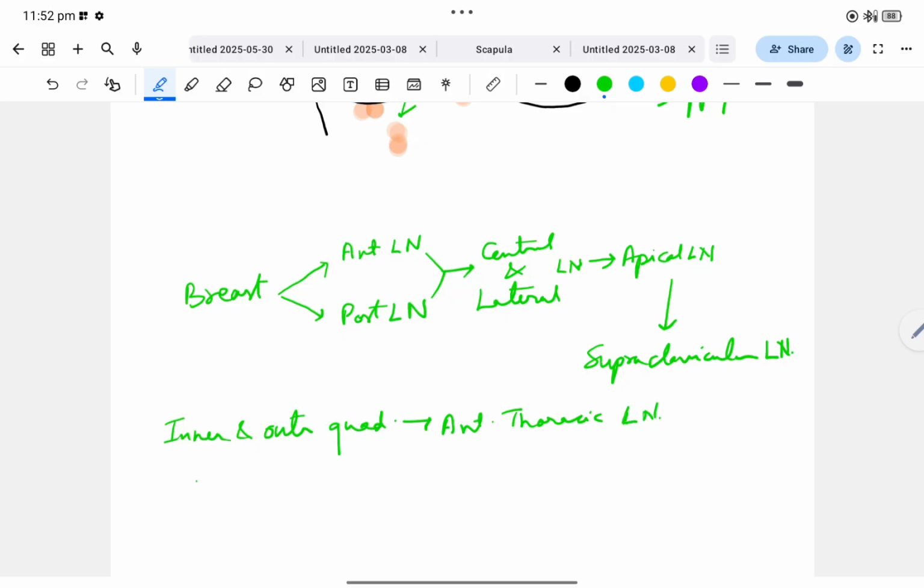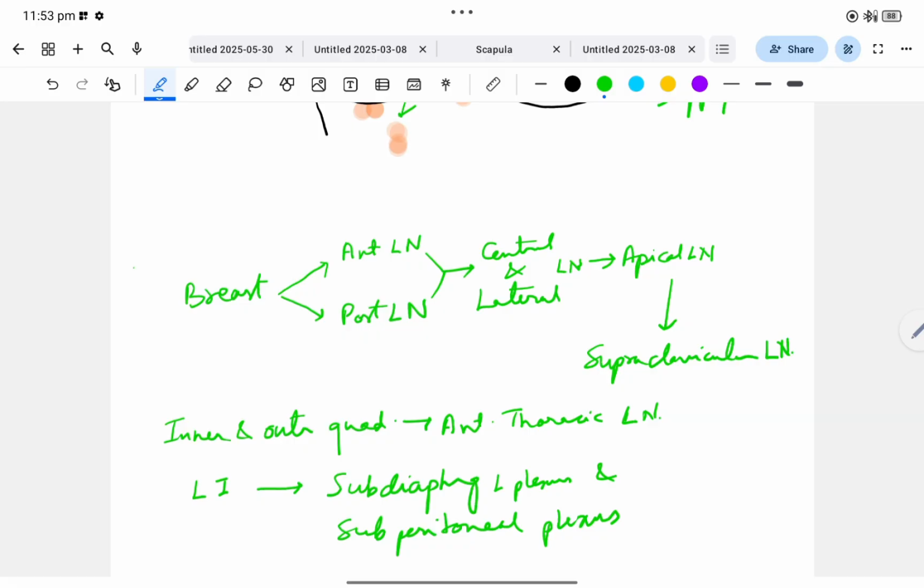And the lower inner quadrant drains to the subdiaphragmatic lymph node plexus and subperitoneal plexus.